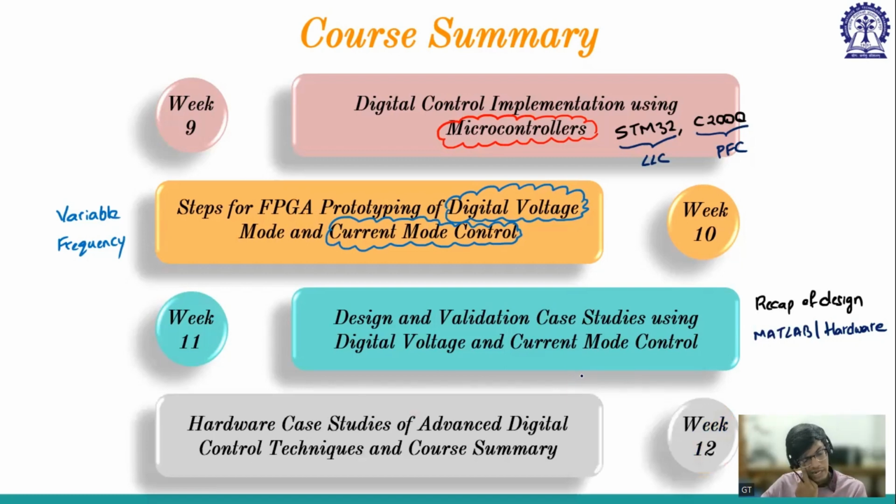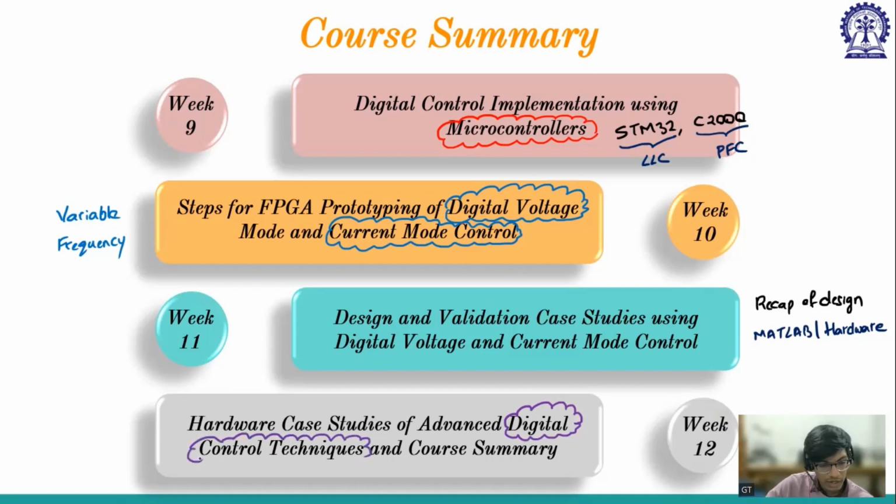And in week 12, we had hardware case studies of advanced digital control architectures as well as the course summary. So in this week, which is the last week, we discussed day before yesterday, here we have concentrated on the digital control architectures, mainly the multi-mode.